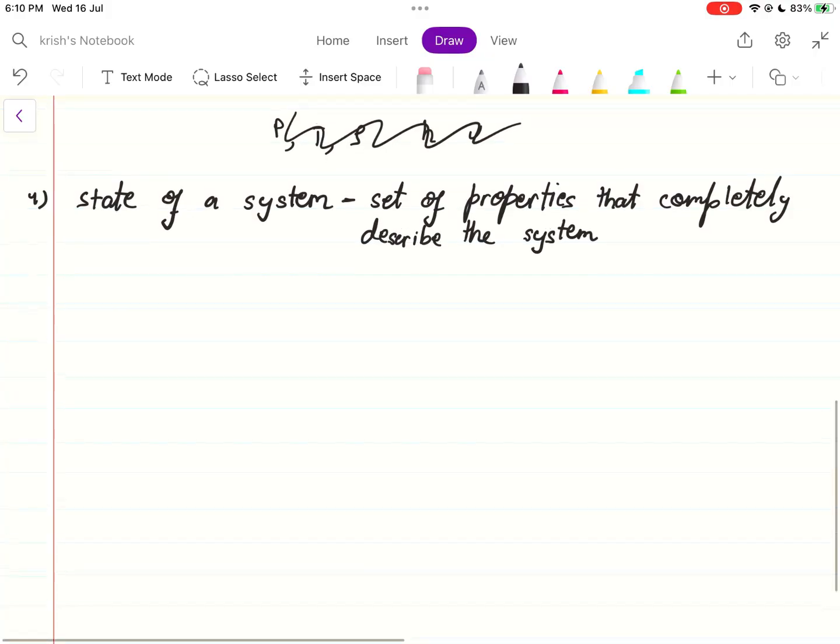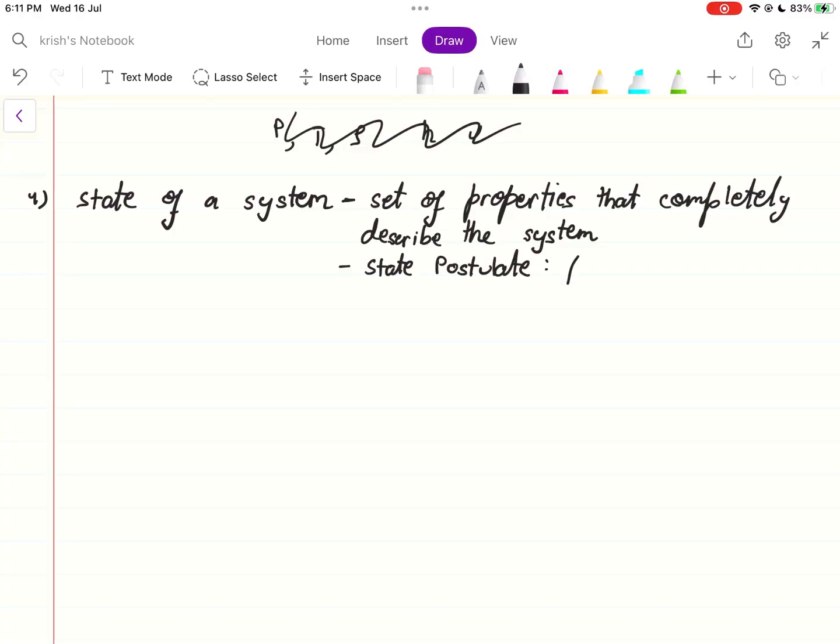Okay, now how many properties do you need to completely describe a system? What is the minimum number of properties? So, this is something called the state postulate, and it is as follows. You don't really need to understand these too much, just remember them, just keep them in the back of your head because these things are not that useful.